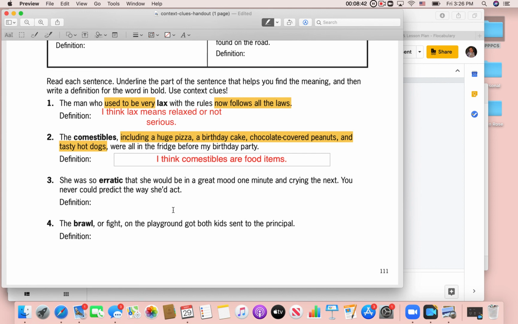So the clues in the text are example context clues. And the example is, she would be in a great mood one minute and crying the next. That's an example of her being erratic. So using that context clue, what do you think the word erratic could mean?